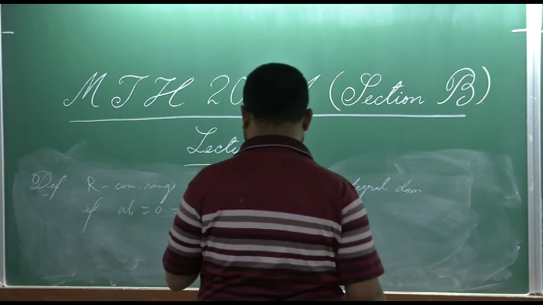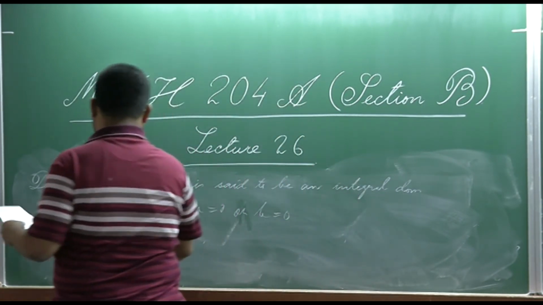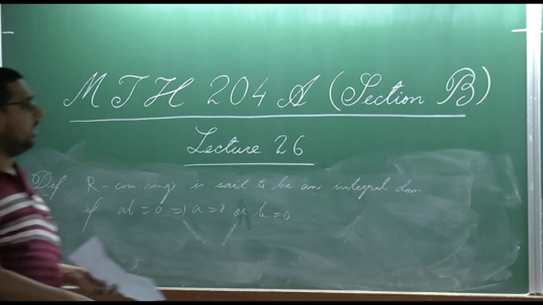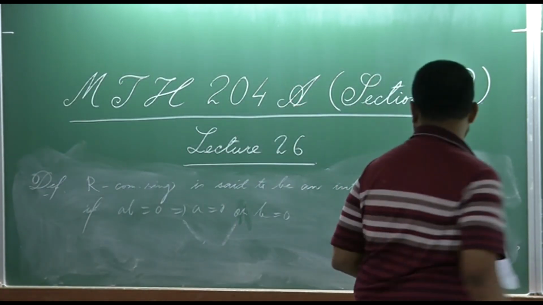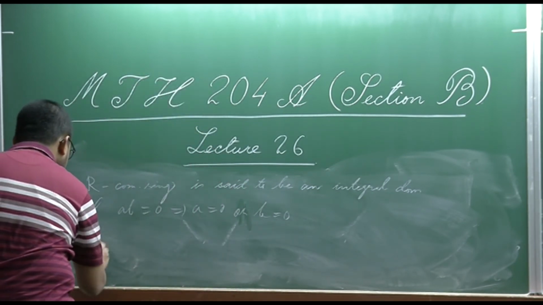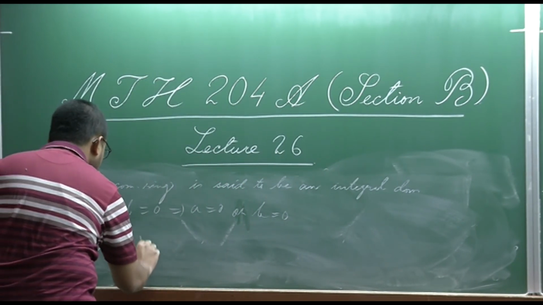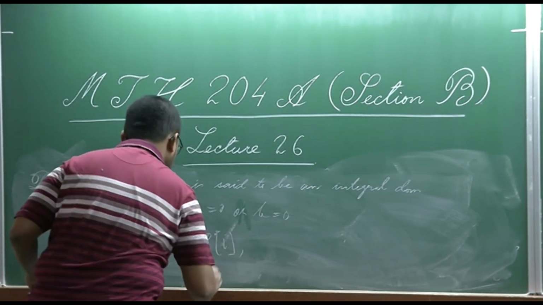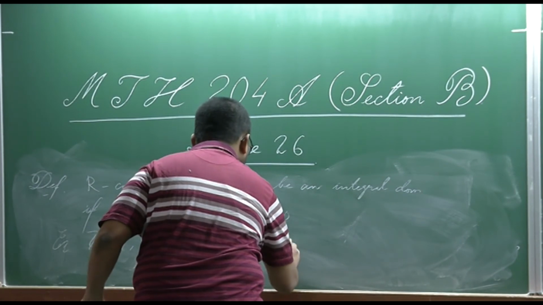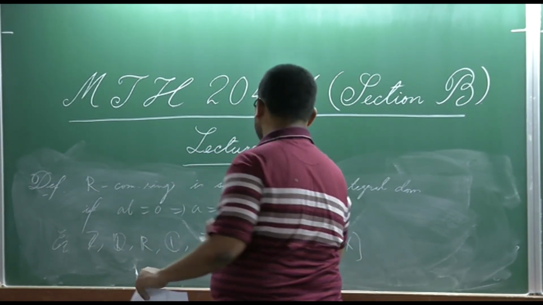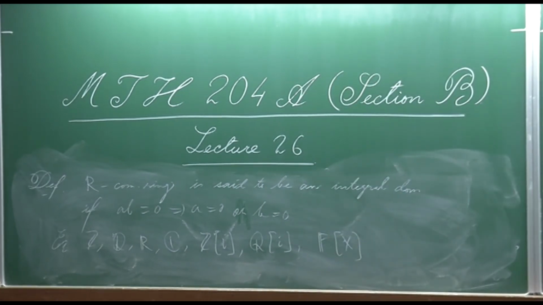So, that is an integral domain, and of course, we have many more examples. Let me just quickly put it here: Z, Q, R, C, Z[i], Q[i], polynomial rings. All these are examples of integral domains.